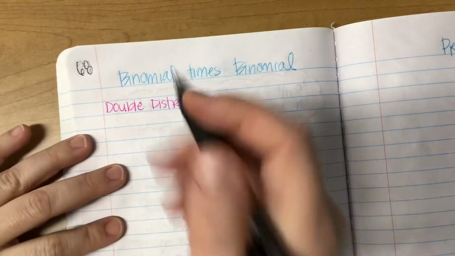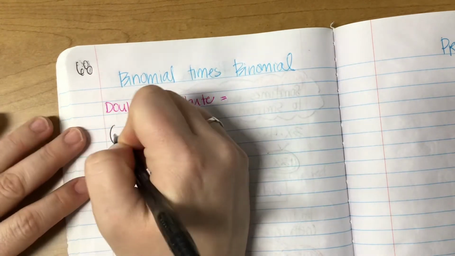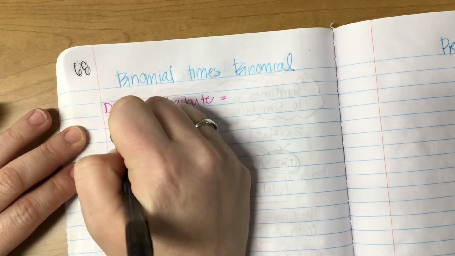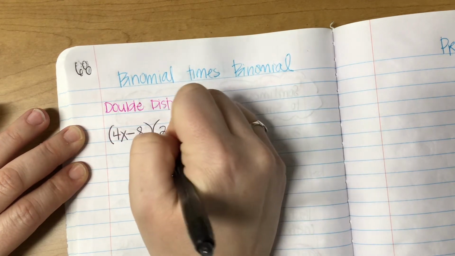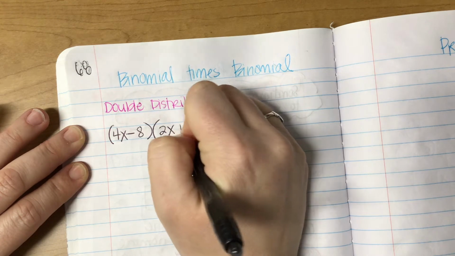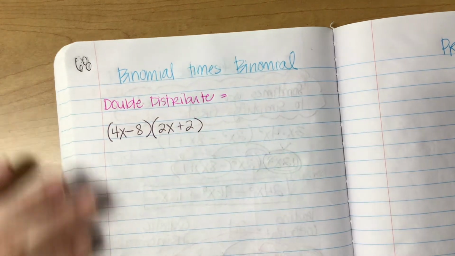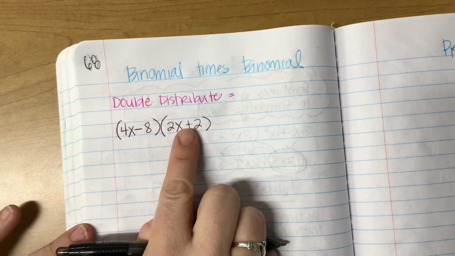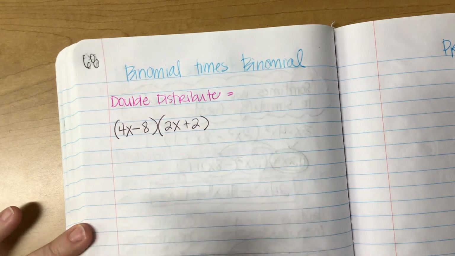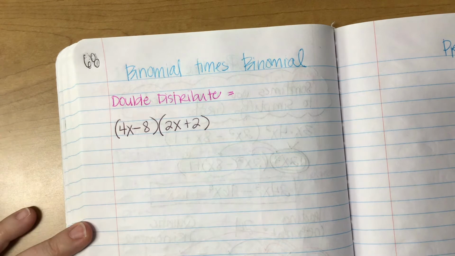But if I have an example, 4x minus 8 and 2x plus 2. So I have 2 terms here that I'm distributing over to these 2 terms. So it's called double distribute.